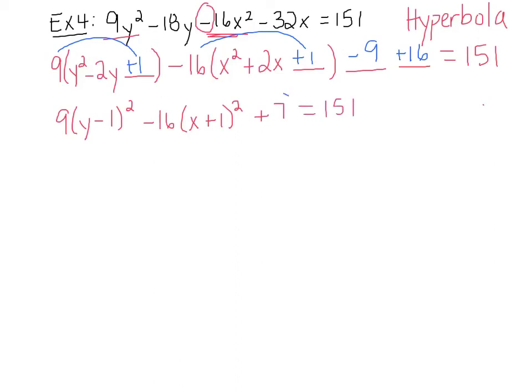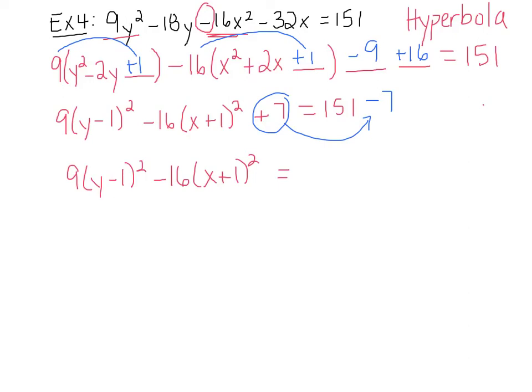But we're going to take that plus 7 and move it to the other side, make it a minus 7, and so we have 9 times (y - 1) squared minus 16 times (x + 1) squared equals, that comes out to be 144.